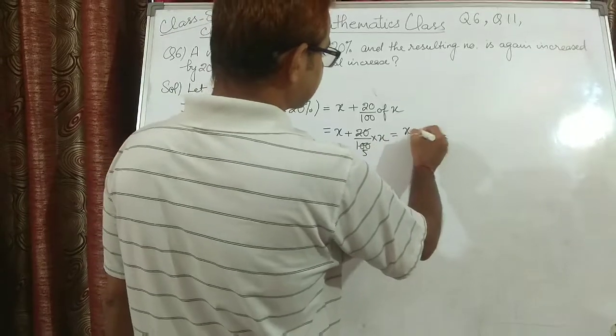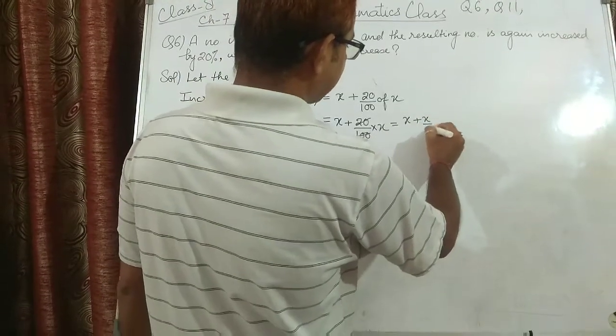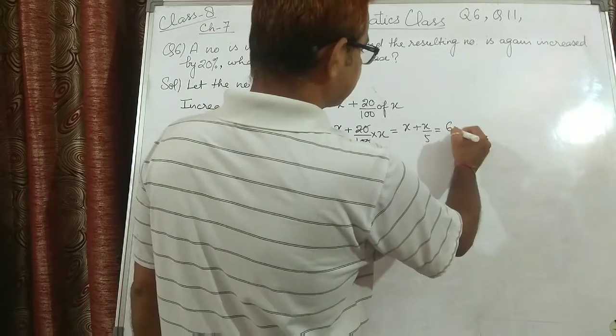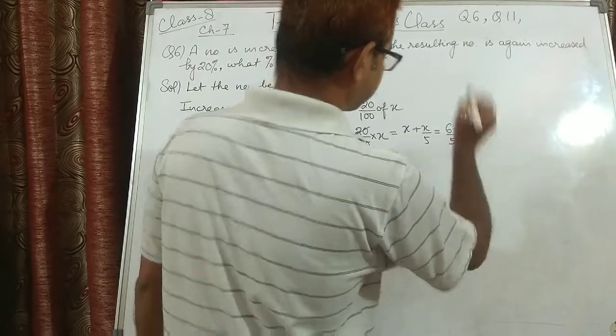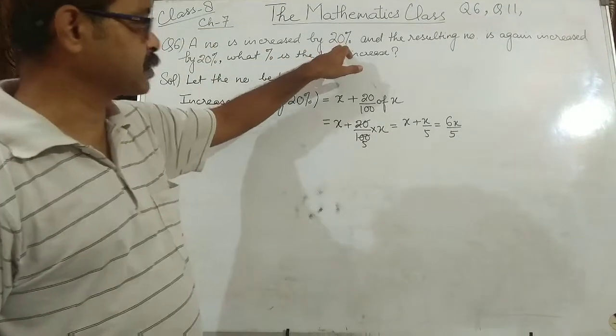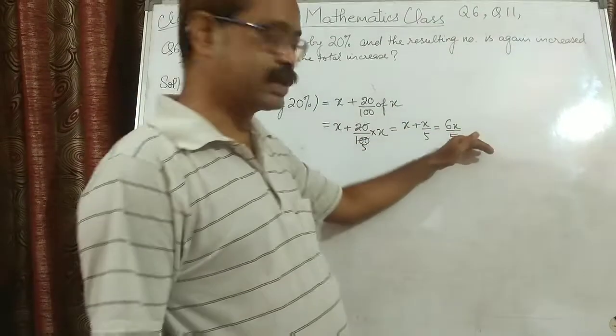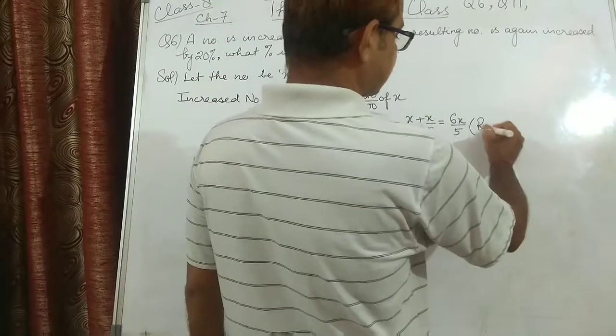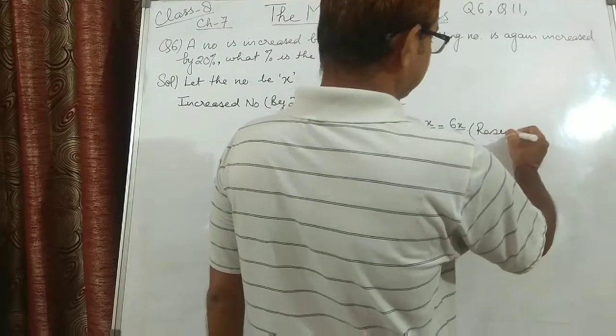Finally it becomes x plus x upon 5. When you take the LCM as 5, it will be 5x plus x, that is 6x upon 5. Means when the number has been increased by 20%, it becomes 6x upon 5. This is the resulting number.